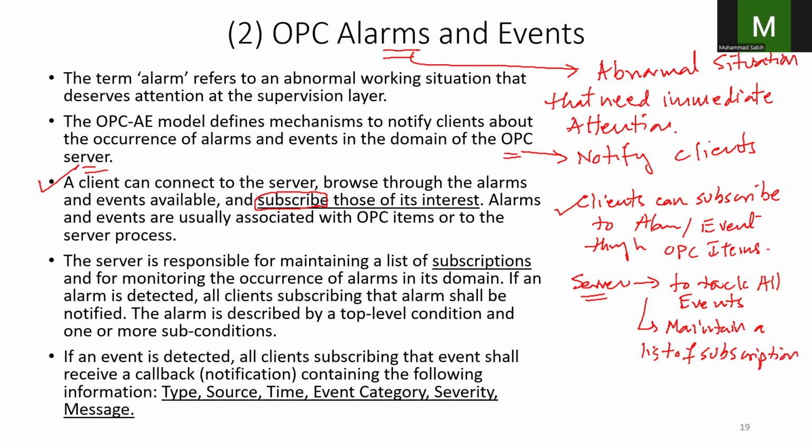Okay, and whenever some alarm is triggered, the server will notify all corresponding clients who are subscribed. Okay, so this notification has a type, the source, the event, the time and the event category, severity, and also the message.